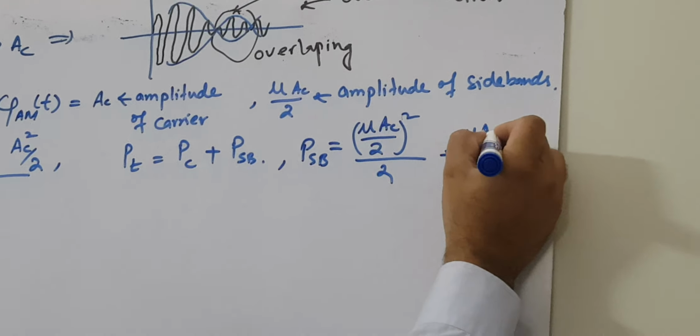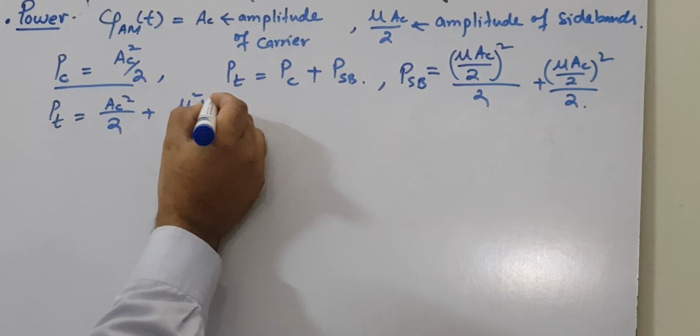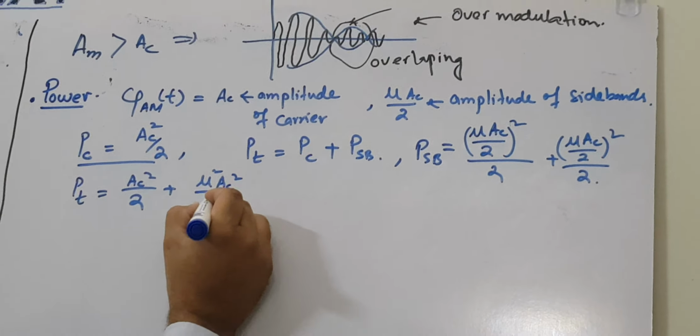So the total power, if you add them together, is Ac square divided by 2 plus mu square Ac square divided by 4, and again you can take 1 over 2 common: 1 over 2 Ac square times (1 plus mu square by 4 plus mu square by 4).